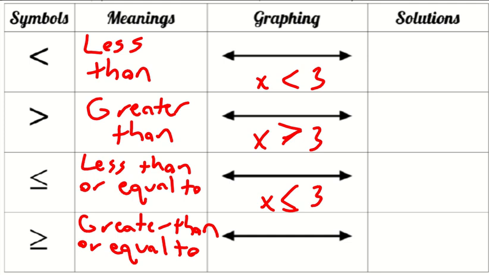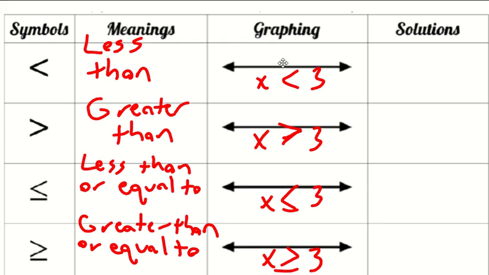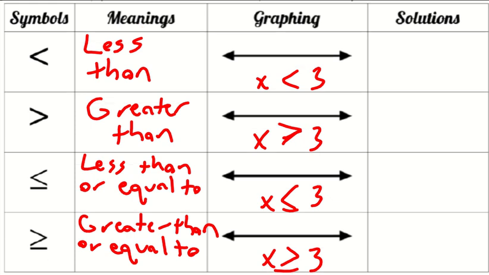So if I am graphing that solution each time, for this first one, for less than, what we want on our number line at 3 is an open circle.